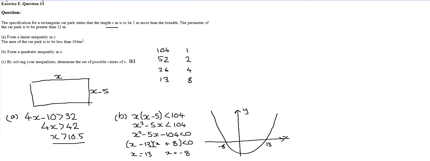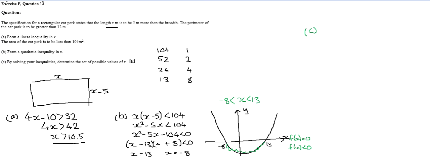So the function of x is equal to 0 here. When we put it equal to 0, we get the roots. So where it's less than 0 is below the x-axis. So we're looking for in here. So the values must be less than 13 and they must be greater than minus 8.